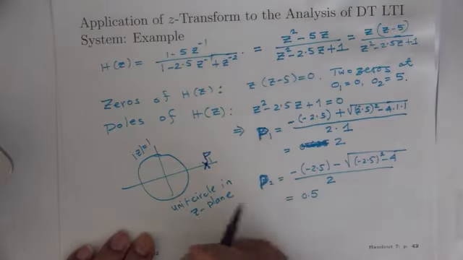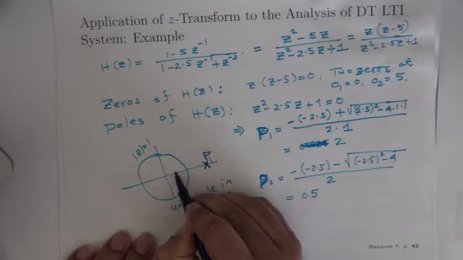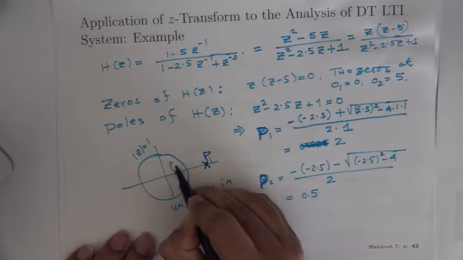And another pole is going to be here, somewhere here, this cross sign P2.